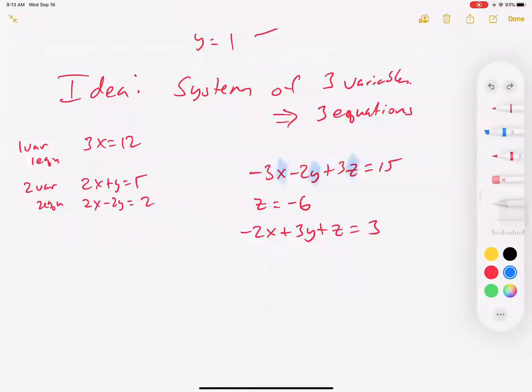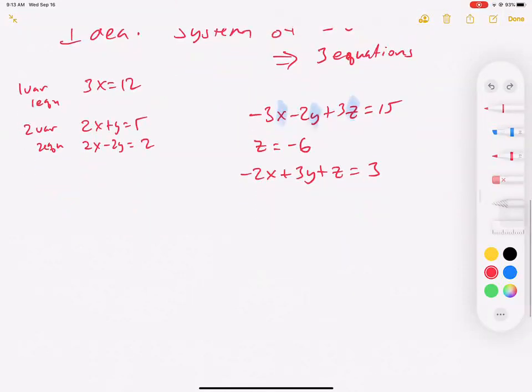Now, how do we simplify for this? Well, in this case, and you got lucky here, I gave you what one of those variables would be. So I said, hey, z for sure is absolutely going to be negative 6. So what you do is you just plug in negative 6.